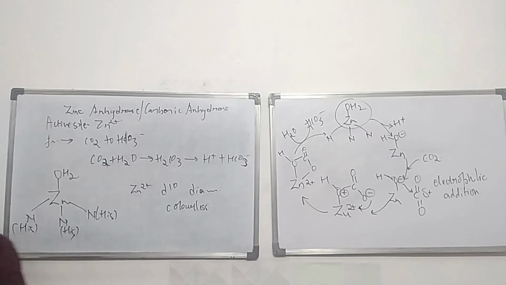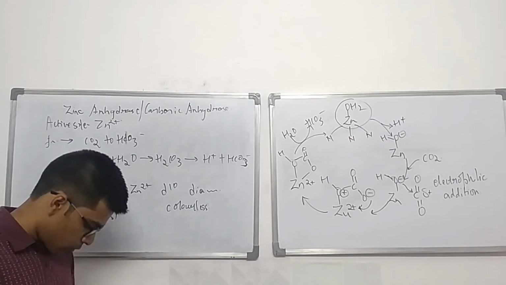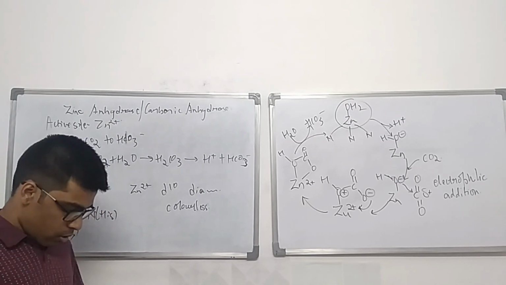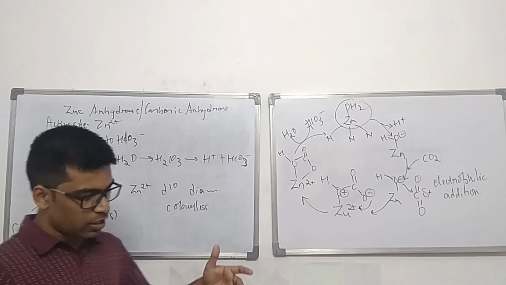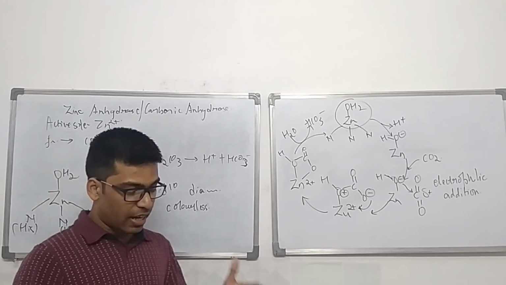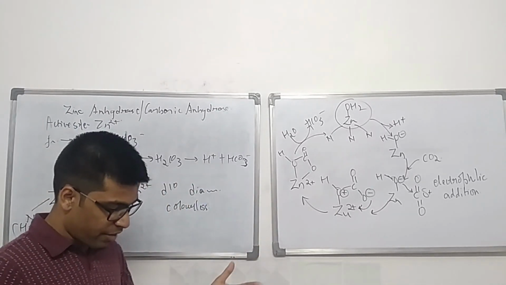Now what kind of questions have come from this? So yesterday there was a question on which ion catalyzes the hydrolysis reaction. The one is zinc here from zinc anhydrase.